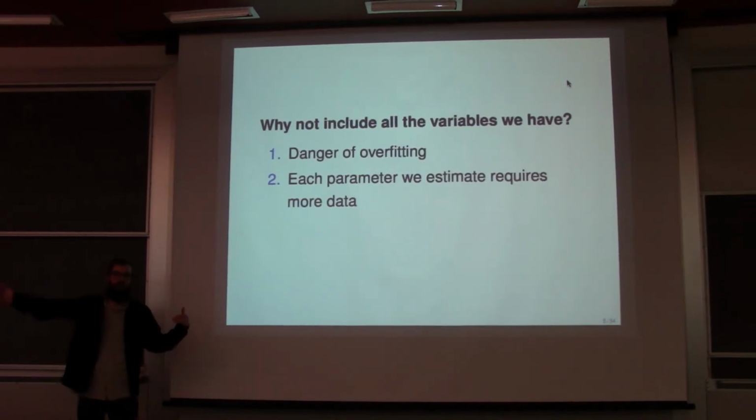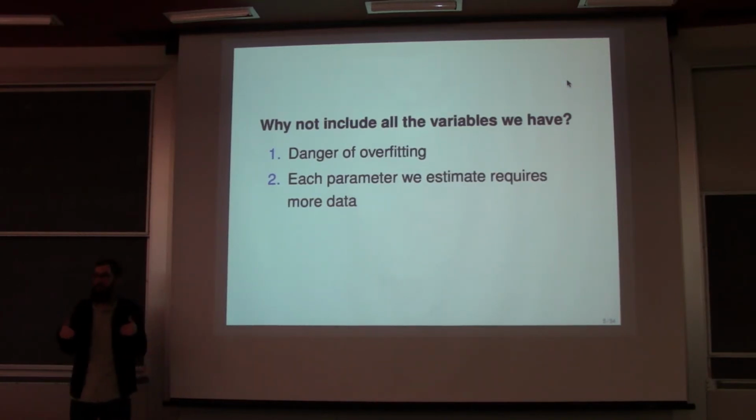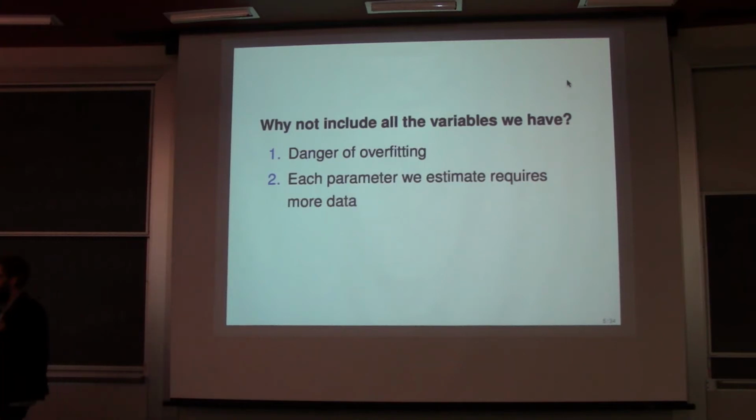And the more parameters you add, the more data you're going to need. Be careful with so-called big data. I guess you can solve all problems and never have to worry about overfitting, but almost always it is the case that you don't have enough data to just pile on parameters.